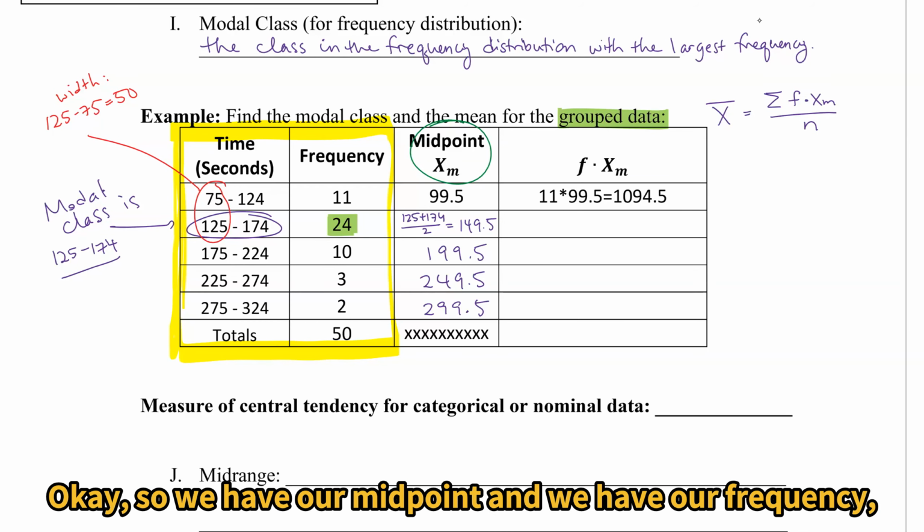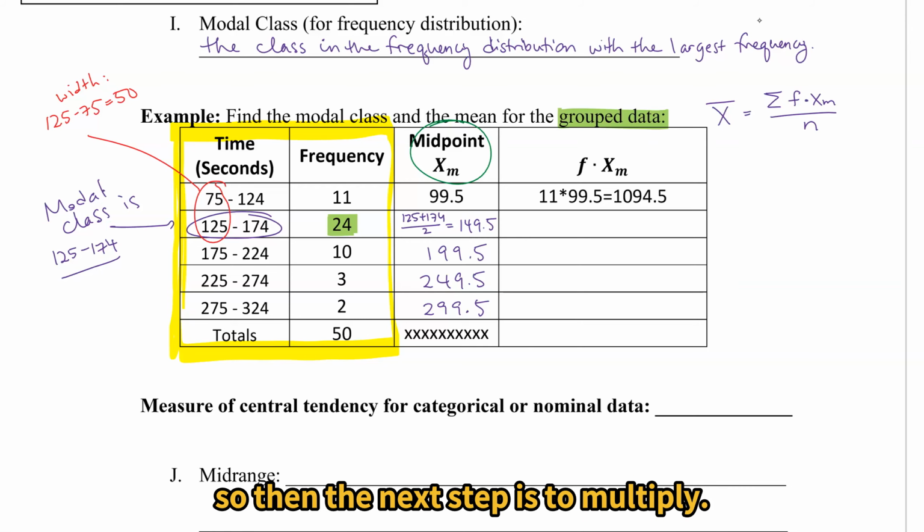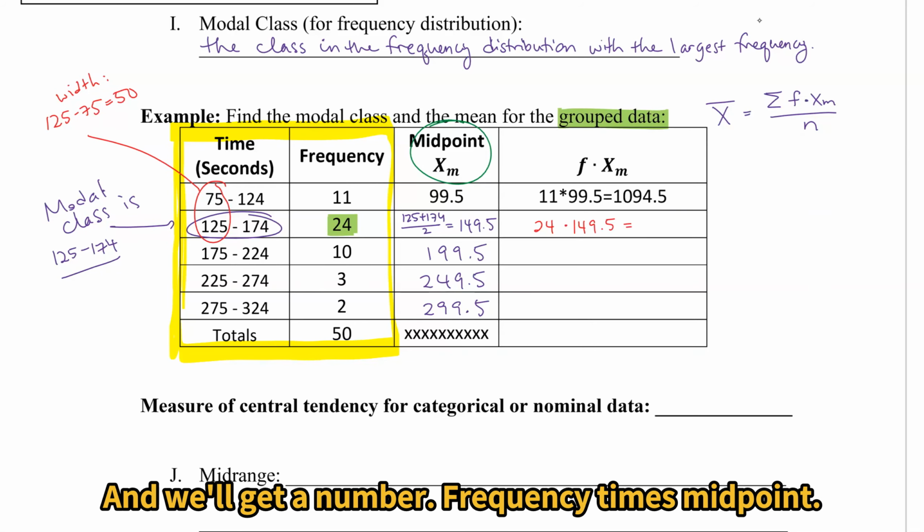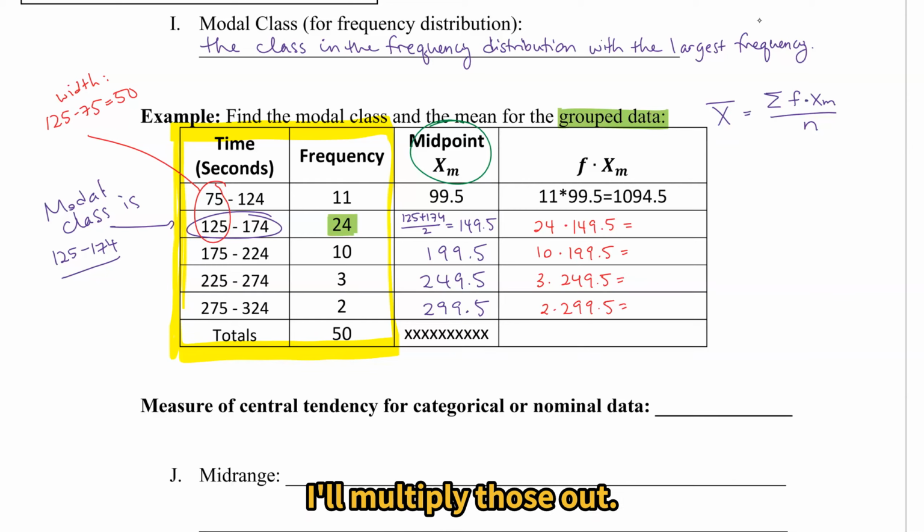Okay, so we have our midpoint and we have our frequency. So then the next step is to multiply. Frequency times midpoint. And we'll get a number. Frequency times midpoint. I'll multiply those out.